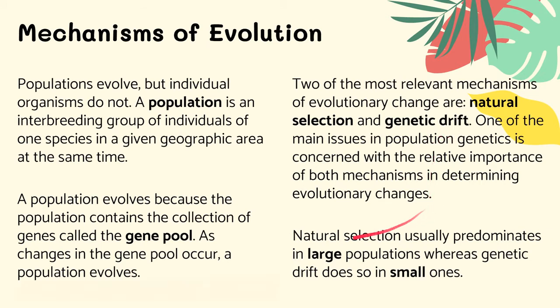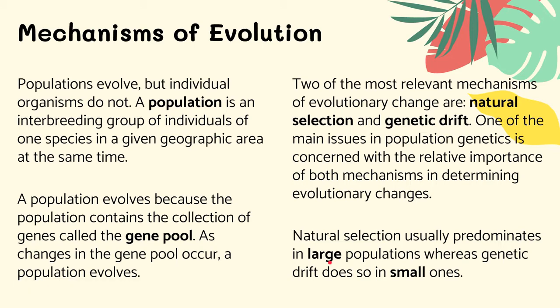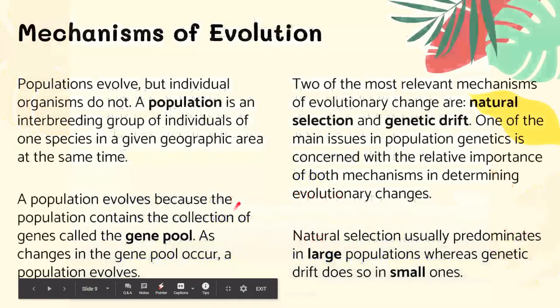And lastly, natural selection usually predominates in large populations. Okay, so natural selection acts on a large number of organisms, whereas genetic drift usually is the driving force in smaller populations. So these again mirror all the tenets or principles of the modern synthesis theory of evolution, and these are the things we will look into as we go along.